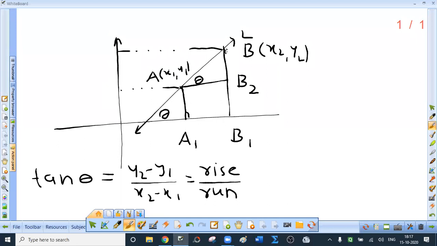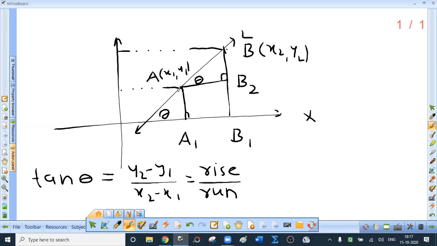From the point B, I have drawn perpendicular BB1 on the x-axis, right? Now AB2 is parallel to the x-axis, right? So clearly this triangle ABB2 is a right triangle. Now these two parallel lines, the x-axis and line AB2, are cut by the transversal, line L. So these two angles are corresponding angles, they are equal, right?